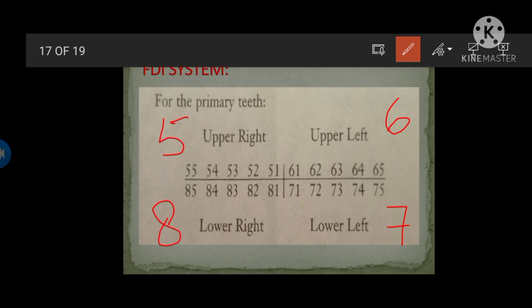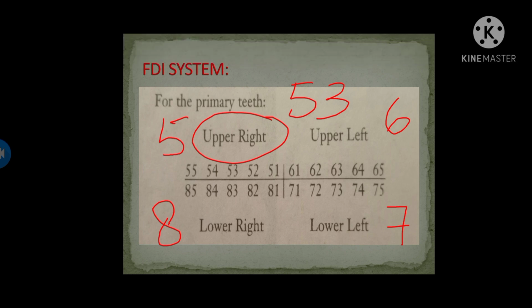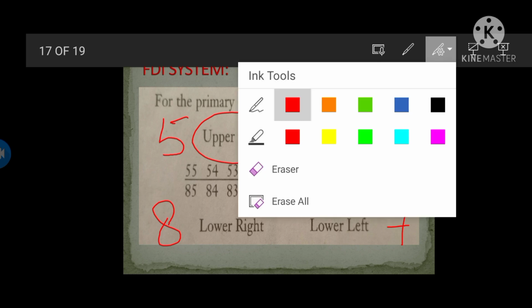So if we are talking about the upper right quadrant, we would put 5, and if we are talking about the canine, then it would be 3. The first one would be the central incisor, 2 would be the lateral, and then 3 would be the canine, 4 would be the first molar, and 5 would be the second molar. So in this way we would be numbering the tooth in primary dentition by the FDI system.